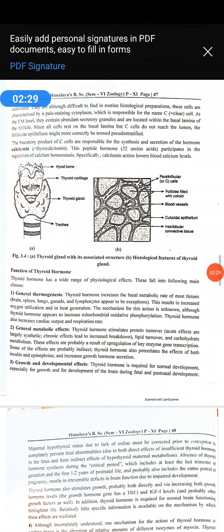The two hormones secreted by the follicular cells are thyroxine, called tetraiodothyronine or T4, and triiodothyronine or T3. It means thyroxine is present in two forms, T3 and T4. T4 is more active than T3. It is an iodine containing hormone. Iodine combines with the amino acid tyrosine present in the cavity of the thyroid follicles.